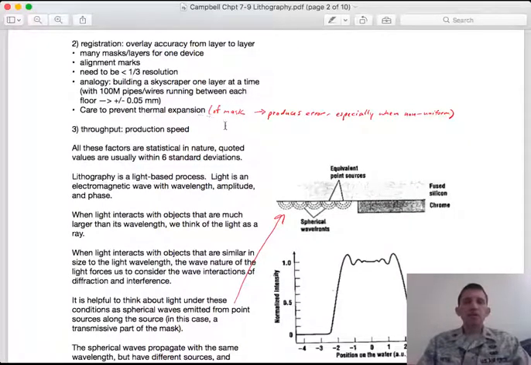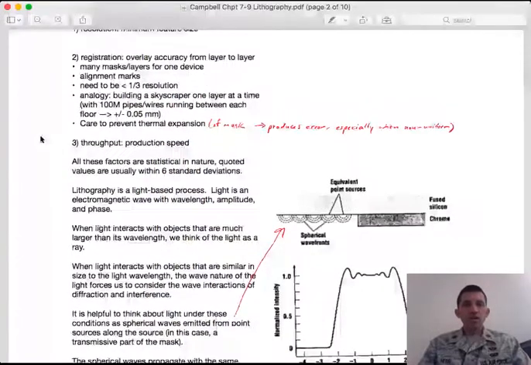So as you increase the temperature, it expands slightly, and in microfabrication, we're working at such a small size that even a minimal thermal expansion is going to move those elements on the mask enough to change the overlap of one mask to the next. And so you want to have uniform thermal expansion, and you also need to keep the masks at the same temperature, so that they are at the same degree of thermal expansion, and they line up.